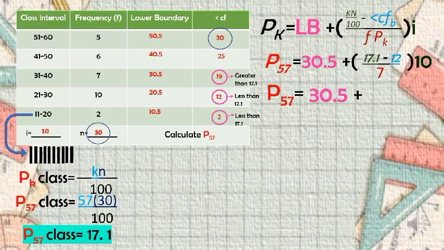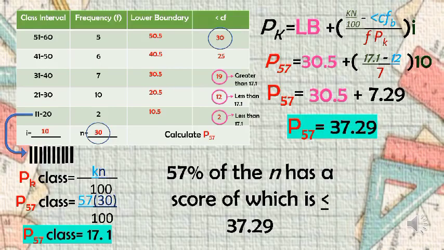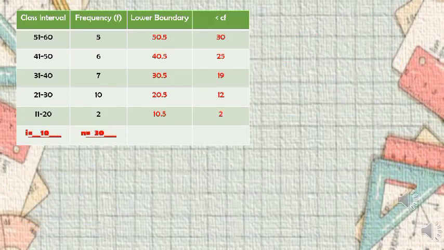And then, multiply them by 10. Then, the answer will be equal to 7.29. So, 30.5 plus 7.29 will be equal to 37.29. So, if we will interpret this, 57% of the total frequency has a score of which is less than or equal to 37.29.